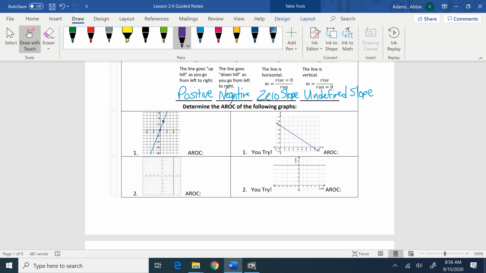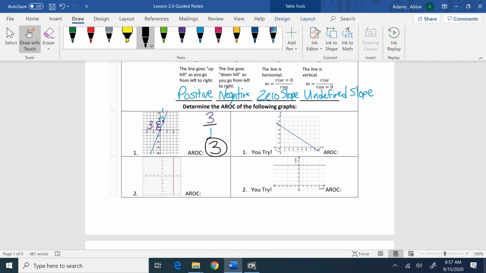I know I'm going up, let's see, 1, 2, 3. So I have a rise of 3, and then a run of 1. So my average rate of change is 3 divided by 1, and that reduces to an average rate of change of 3.